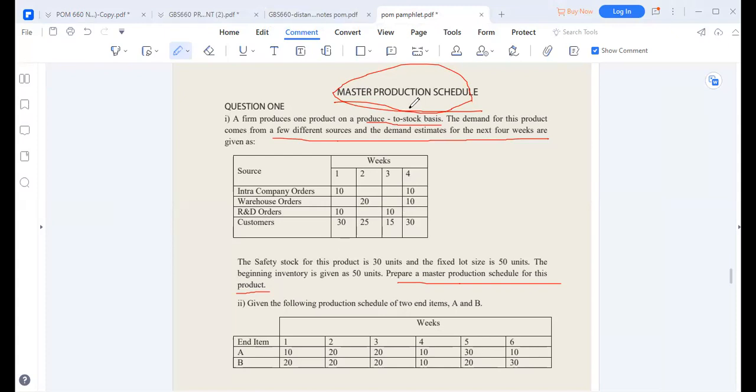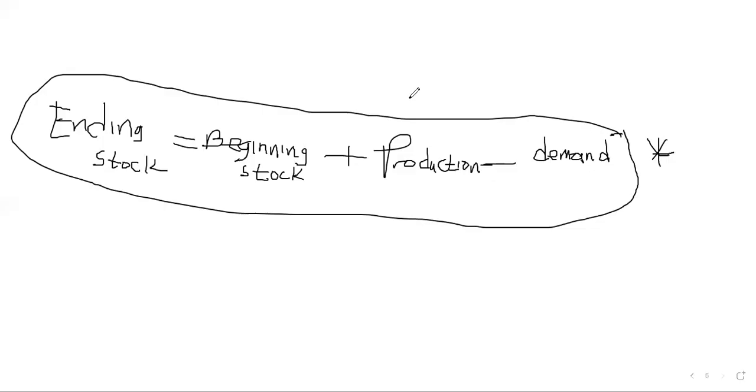Of course, there is a rule we should not forget: inventory level, either beginning or ending stock, should not fall below the safety stock level. If that happens, then you require production or lot size. So please take note of that.